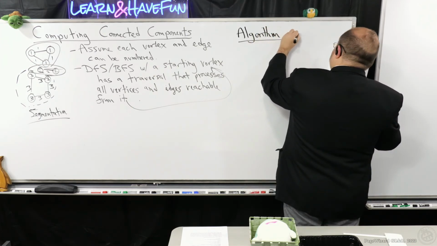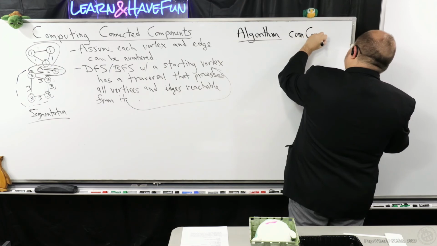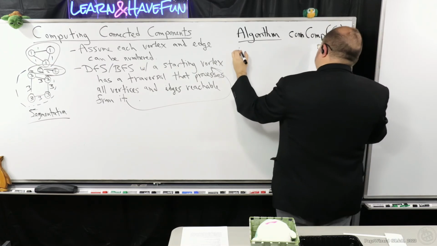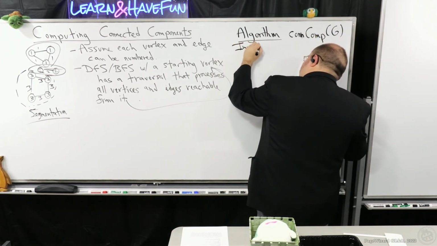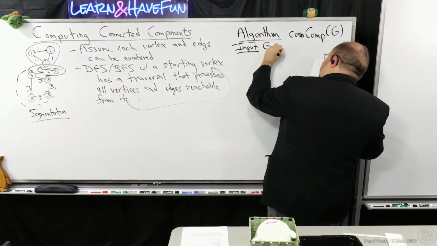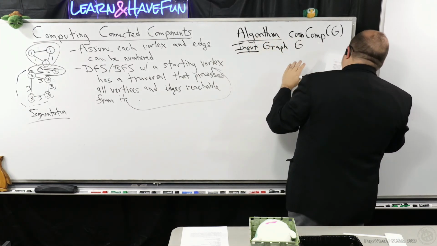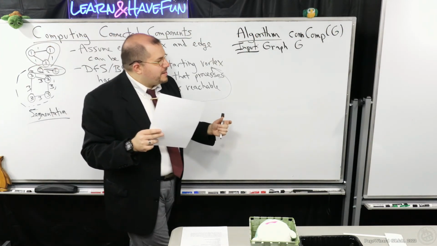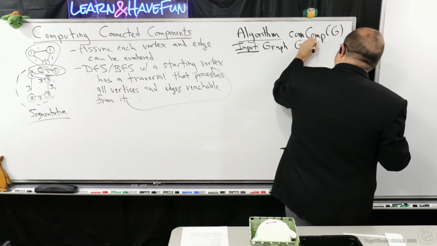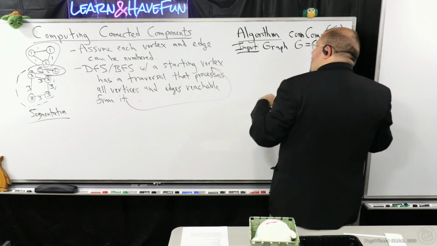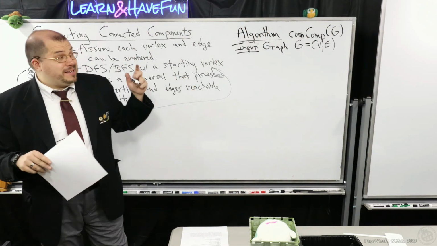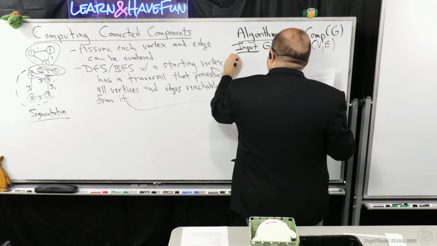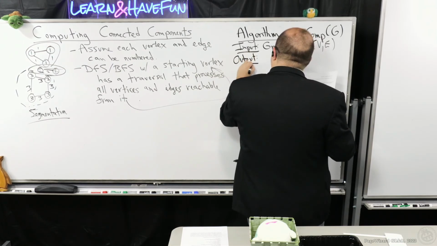Our algorithm is going to be called comp with 2 N's. And as input, we're going to get a graph G. And I must stress that it's assumed that the vertices and edges are able to be marked and labeled respectively, and that the edges and vertices can be assigned a unique number like in our example over here, based on their connected component number.